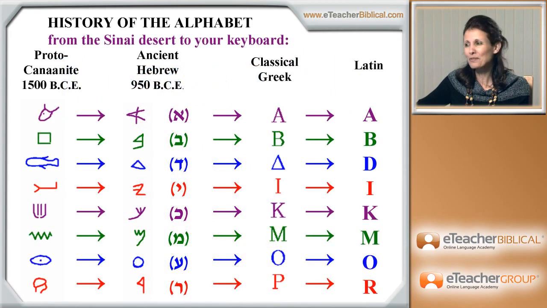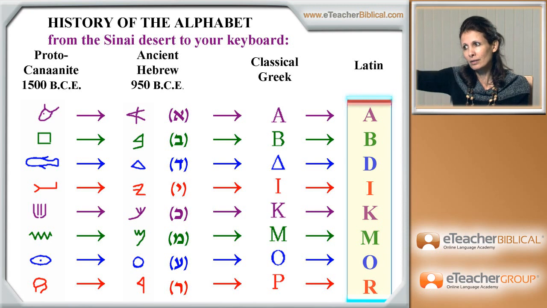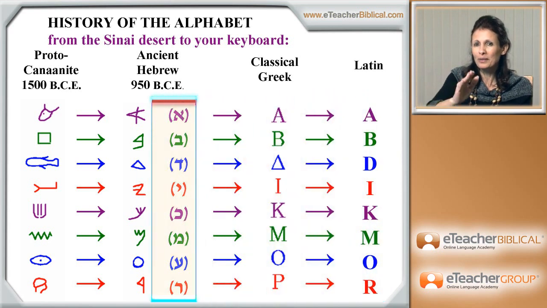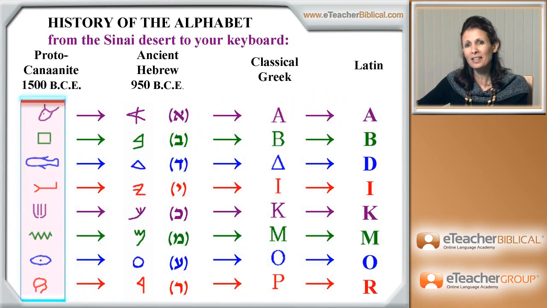I would like us to finish with such a beautiful chart here. You see the chart has many symbols on it, and the reason for the chart is to tell you that what you have today on your English keyboards, and you can see that on the very right-hand side under the Latin column, the letters A, B, D, etc. Go further left on your chart and you can see that everything was actually created in the Proto-Canaanite in 1500 before Common Era.